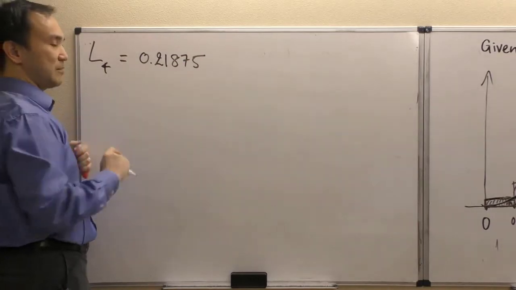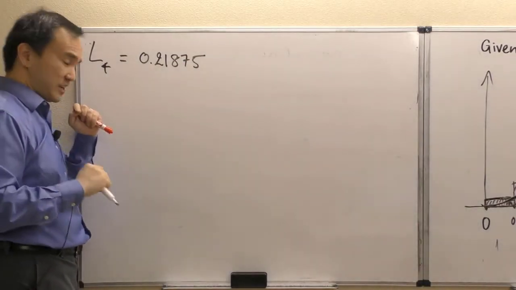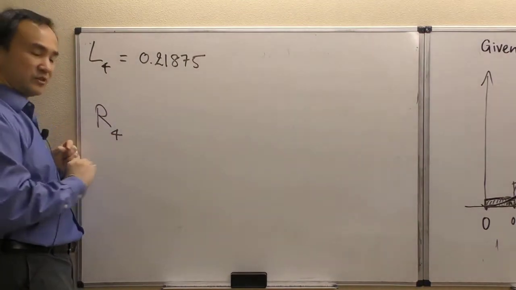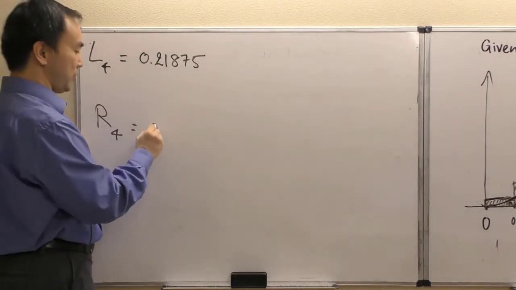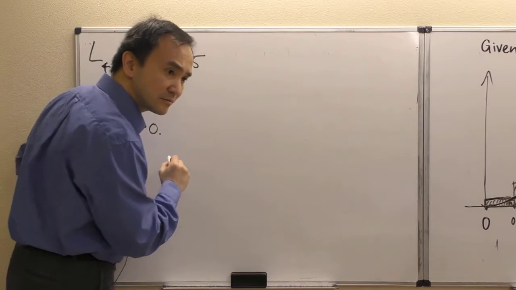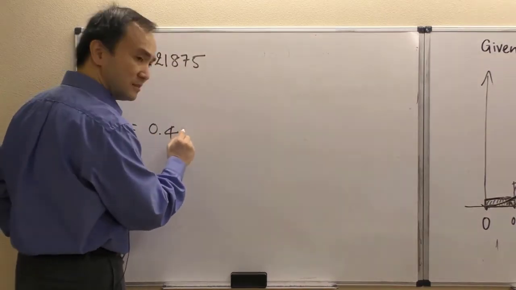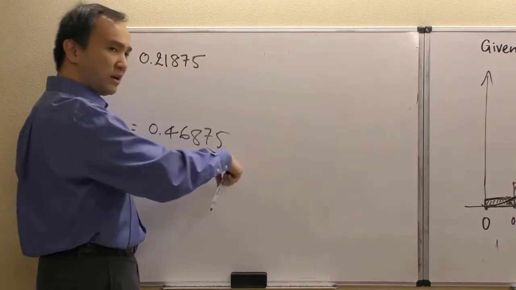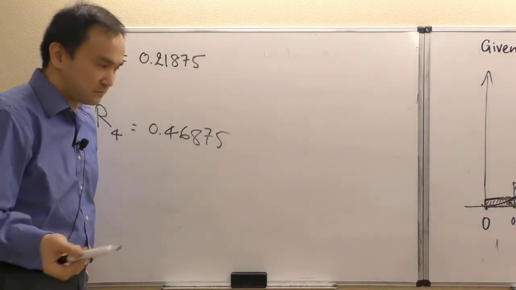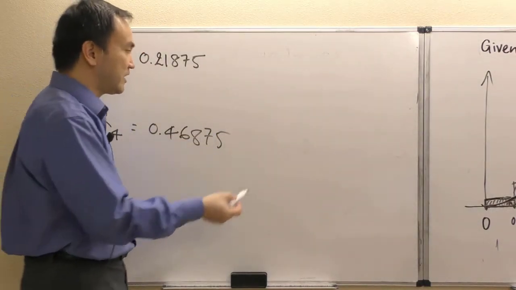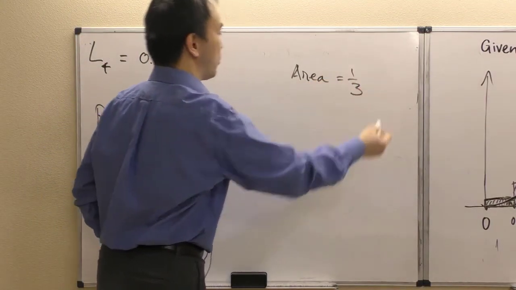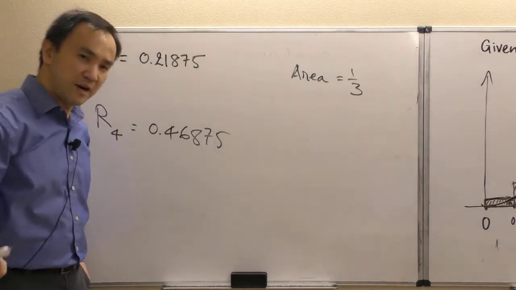That's left endpoint using 4 subrectangles. And then the right endpoint Riemann sum using 4 subrectangles is 0.46875. So neither one of these is the area that I pointed out. The exact area is, as I said earlier, calculated as 1/3.